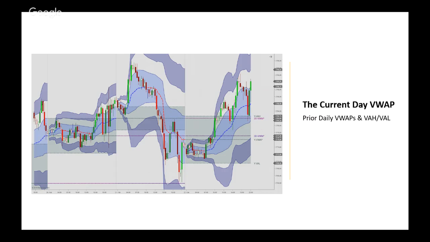So as I said, these are important support and resistance levels observed by the institutional investors. So it's a good idea to be aware of where those levels are located, as well as the prior value area here for the daily, weekly, monthly, and end monthly VWAPs.